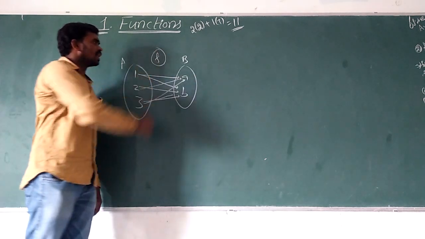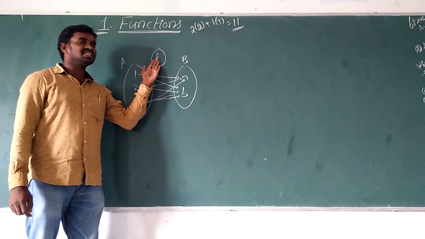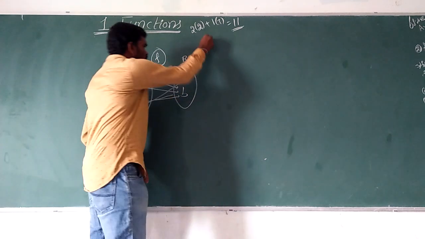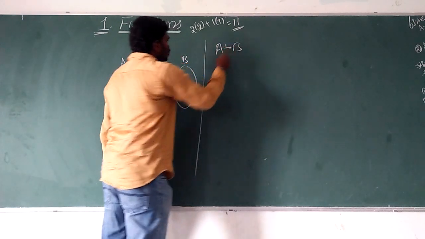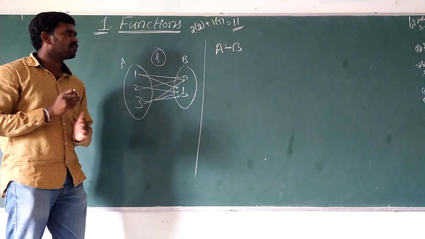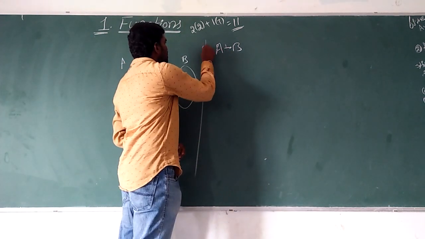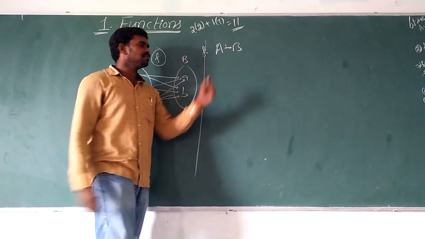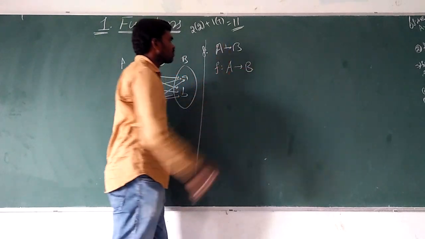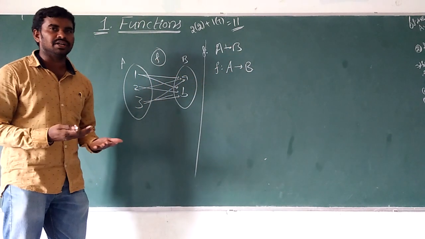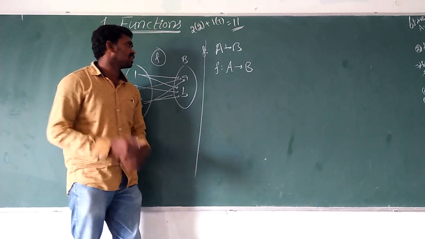So what I am saying is that in this kind of situation, we can say that f is a relation from A to B. If A and B are two non-empty sets, f is a relation from A to B. A relation f from A to B is said to be a function if, okay, how can we say?